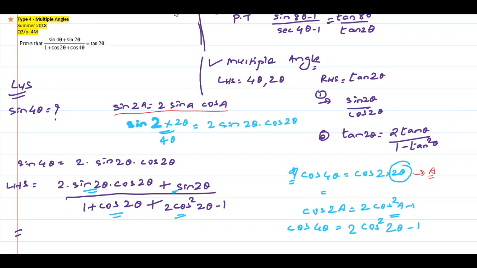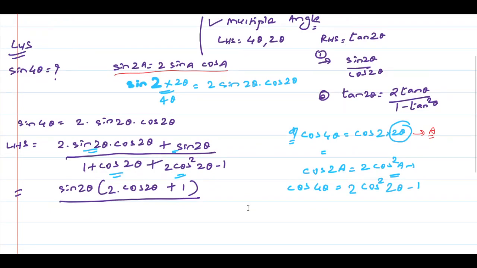So I'll take sine 2 theta as common, and in the bracket I'll put the remaining things, which is 2 cos 2 theta plus 1, because when I multiply that it should give the same answer as the numerator. And similarly at the bottom, this 1 will get cancelled with this 1. I don't have to worry about that.